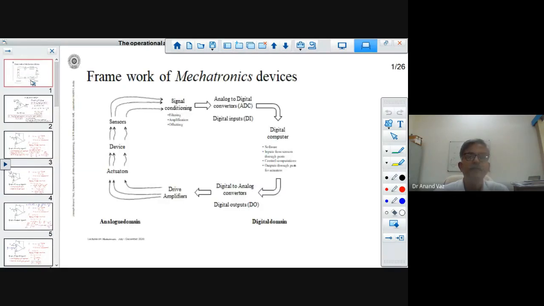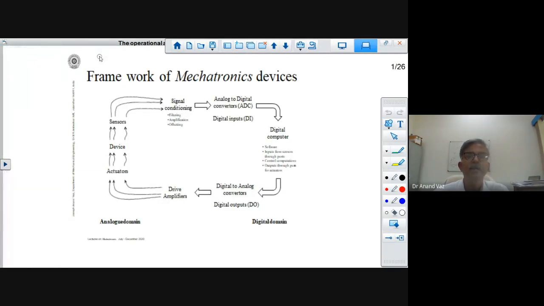If we see this slide, which we had earlier, we have seen in the framework of mechatronics devices that we have the digital computer here and we have the analog domain, the device over here. And through the sensors, the signal is to be acquired.